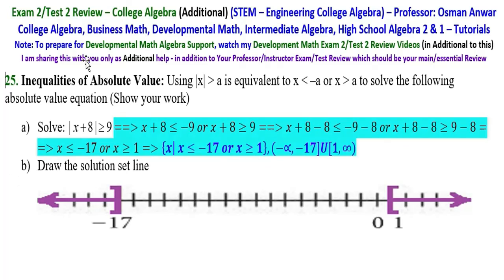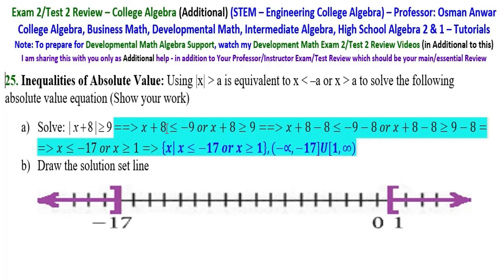So solve absolute value of x plus 8 greater or equal to 9. That is x plus 8 is less or equal to minus 9 or x plus 8 is greater or equal to 9. That is x plus 8 minus 8 is less or equal to minus 9 minus 8.